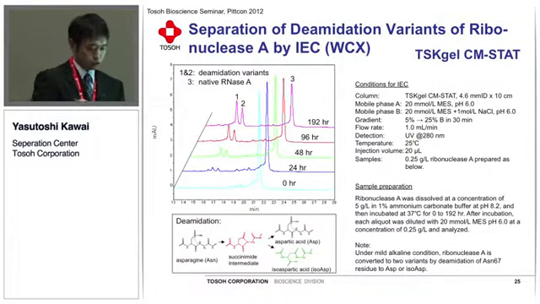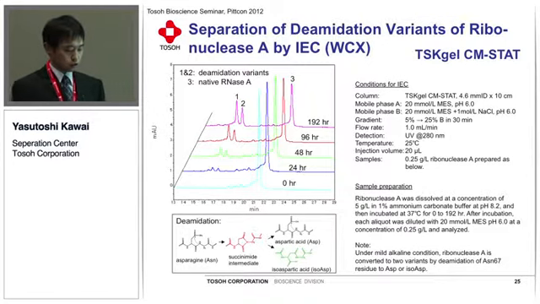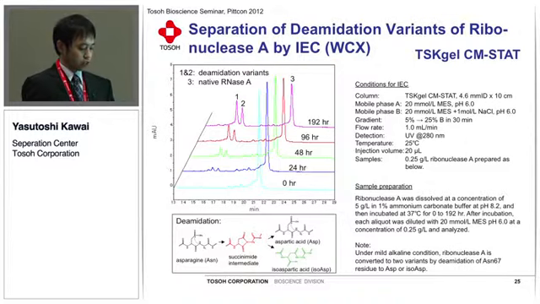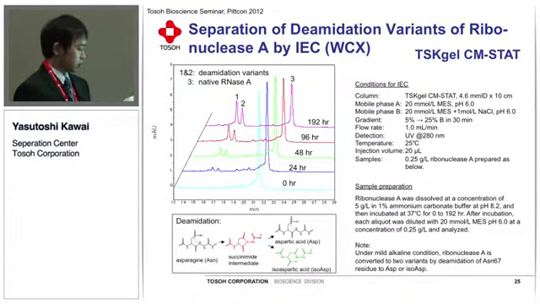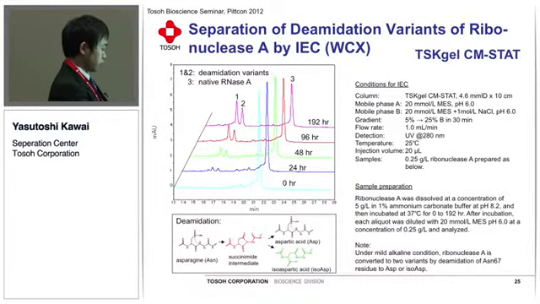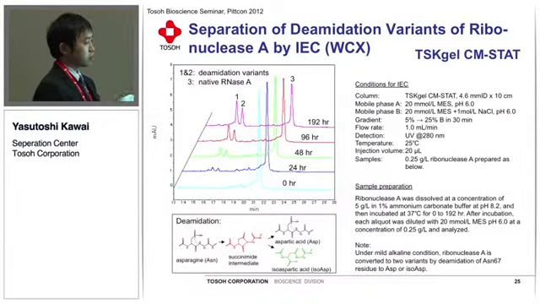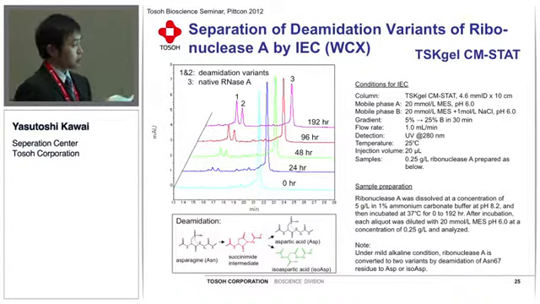I'd like to show another example of IEC separation. This figure illustrates the time course of isomerization of ribonuclease A under alkaline condition, analyzed by a CM-STAT column.